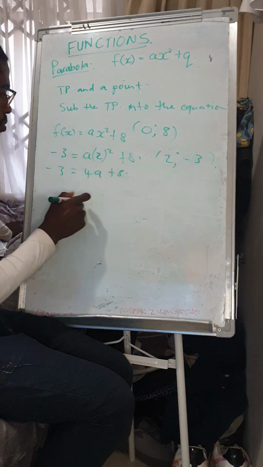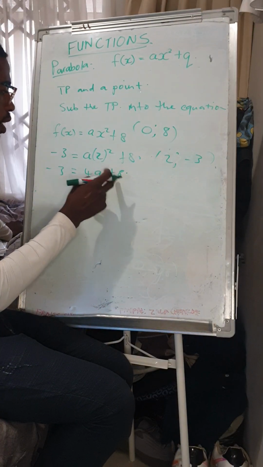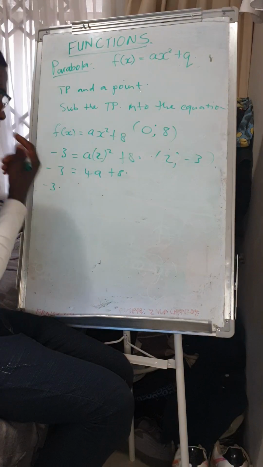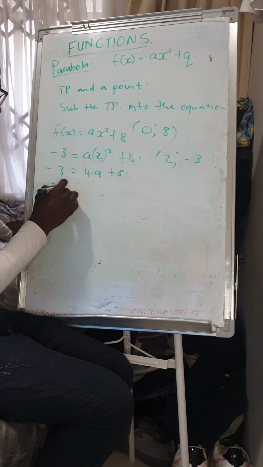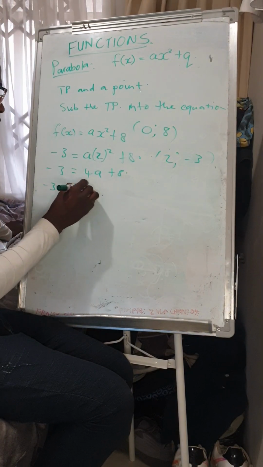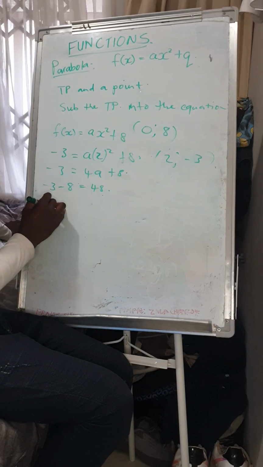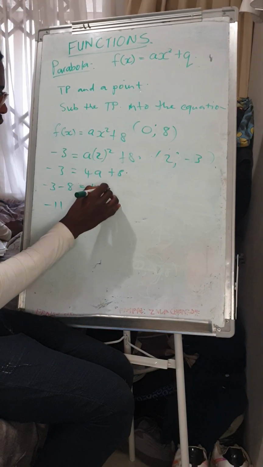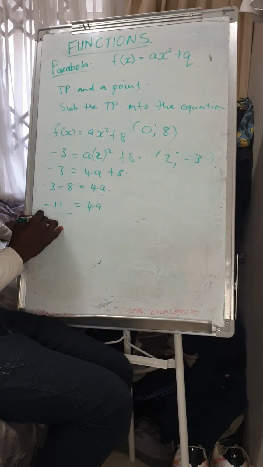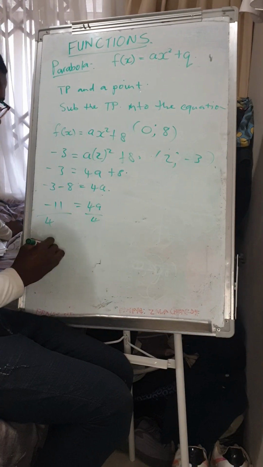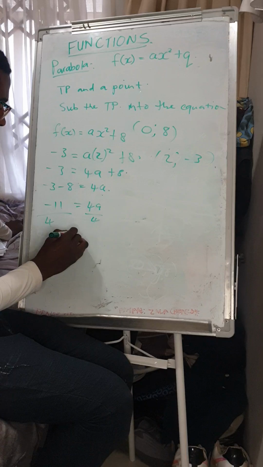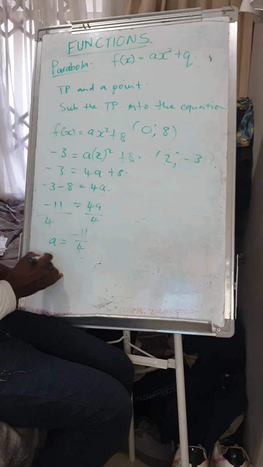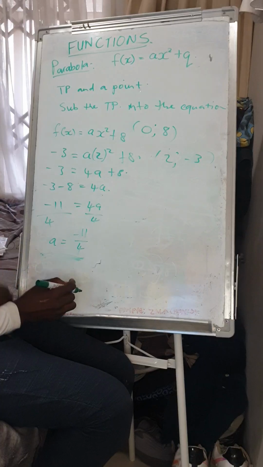Take the 8 to the other side: -3 minus 8 equals 4a. That gives -11 equals 4a. Dividing both sides by 4, we get a equals -11 over 4. Sometimes you need to write it as it is, -11 over 4.